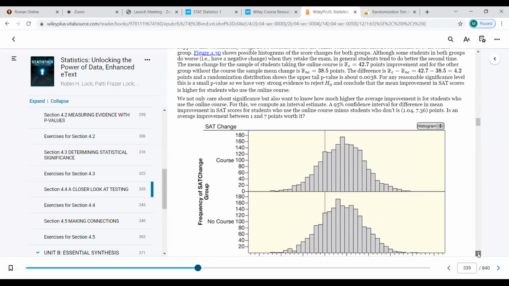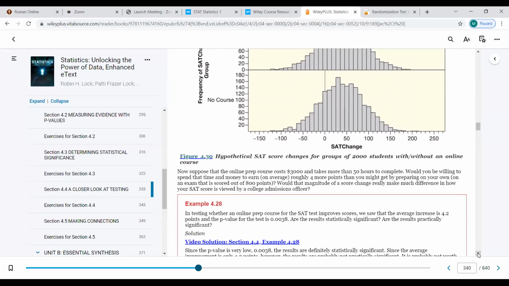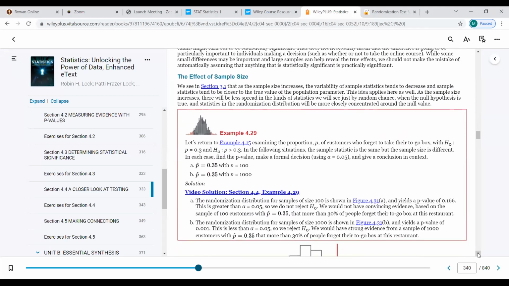They give an example with somebody who's taking SAT prep courses, and you should read through it as an example of that. The final thing is the effect of sample size. And here's the big deal about sample size. If the sample size increases and becomes so big, and you'll see this through formulas, I'll bring this to your attention when we do formulas.